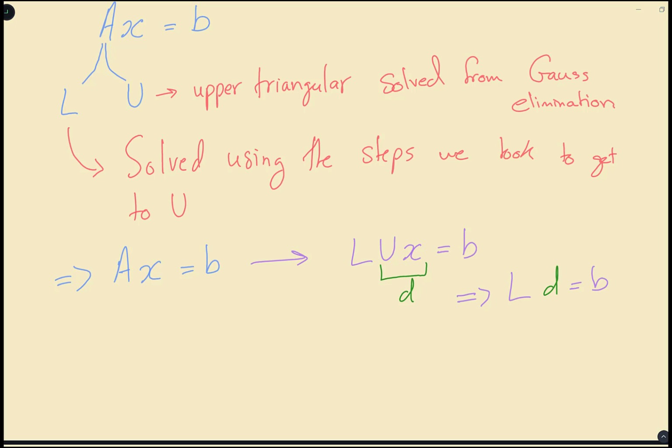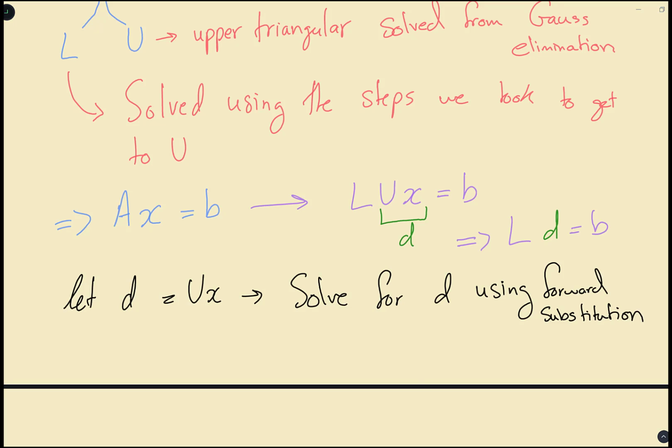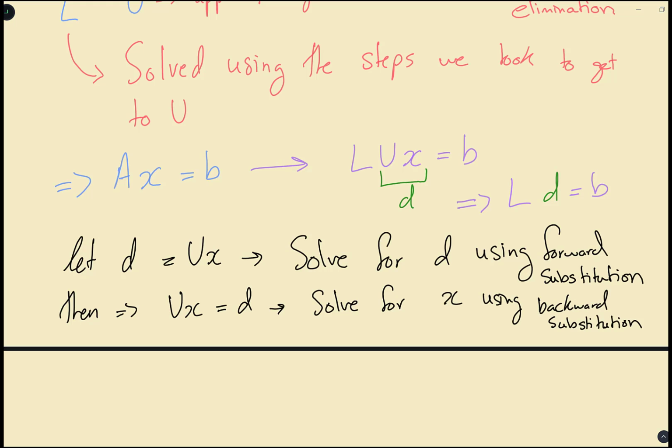Again, to repeat, we let D equals UX, then solve for D using forward substitution, and then using UX equals D, we solve for X using backward substitution.